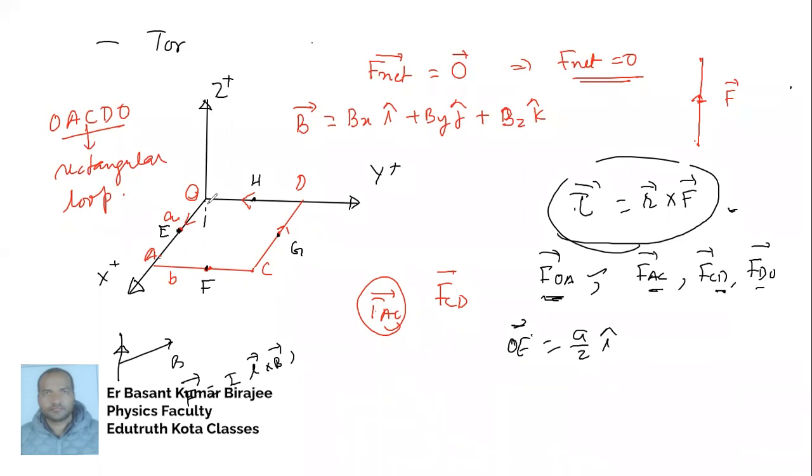So tomorrow in 5 to 10 minutes we'll calculate torque, and then we have two more topics, one galvanometer, and one we'll study about the magnetic moment of an electron in a circular orbit.